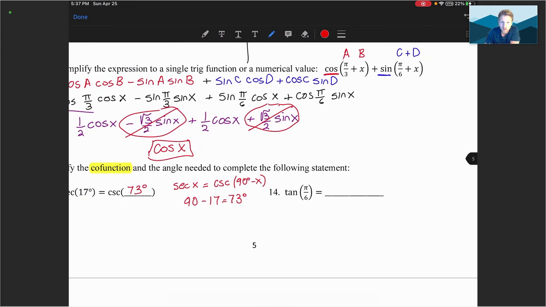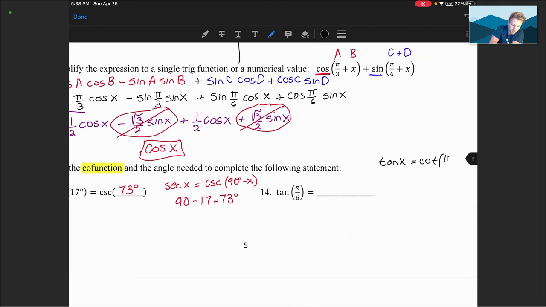The tangent function, if I wanted to find a cofunction to that, let's recall an identity for that. If I had the tangent of some value x, this is going to be equal to the cotangent of pi over 2 minus x, using the radian version of our cofunction identity. So here my x value is pi over 6, so we can work with this. This will be the same as cotangent pi over 2 minus pi over 6.